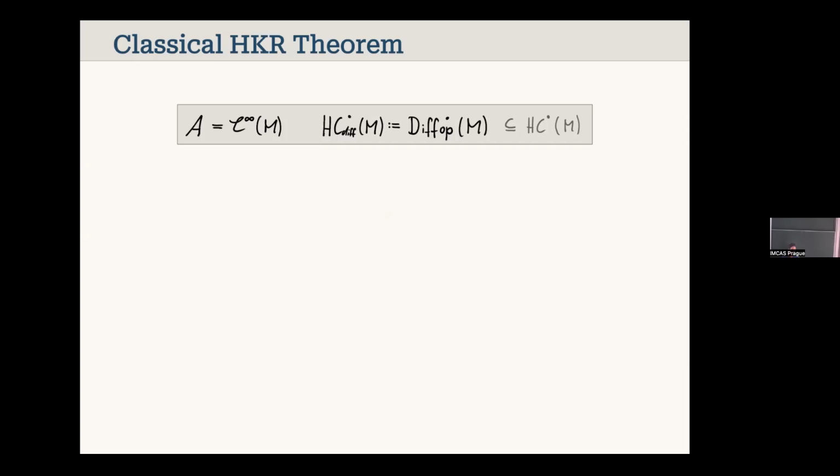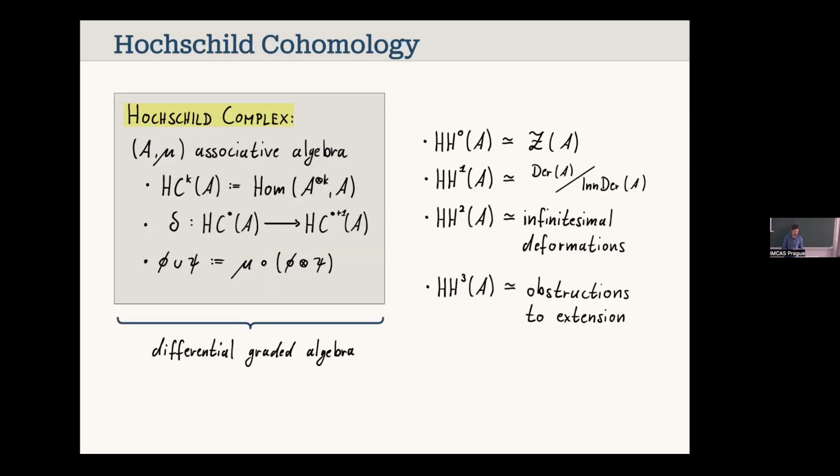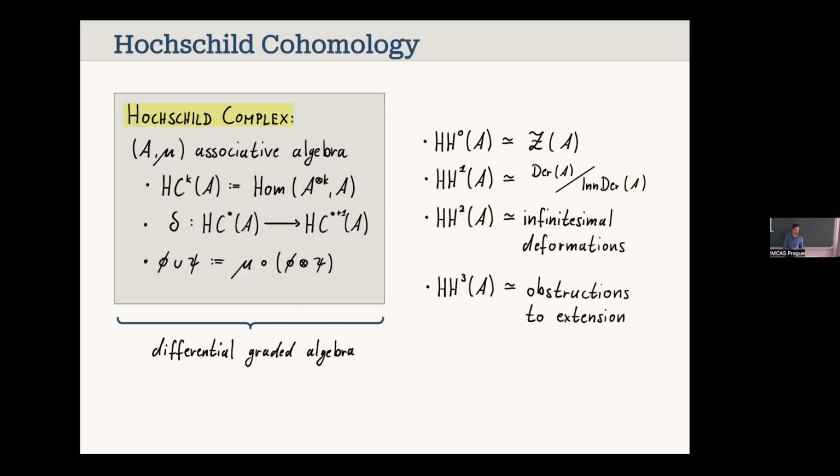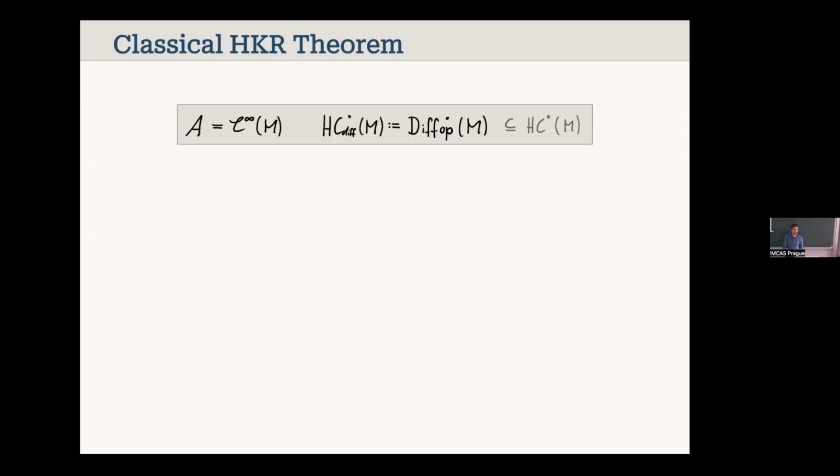So we're actually not interested in the full Hochschild complex, but only in a subcomplex which consists of maps with k inputs and 1 output which are differential operators in each input, so multi-differential operators. And you can easily check that the differential and the cup product go down to the subcomplex. So from now on, we will not be looking at the full Hochschild complex, but just the differential Hochschild complex. And these are just the multi-differential operators on our manifold.